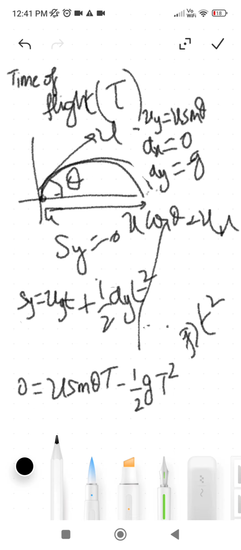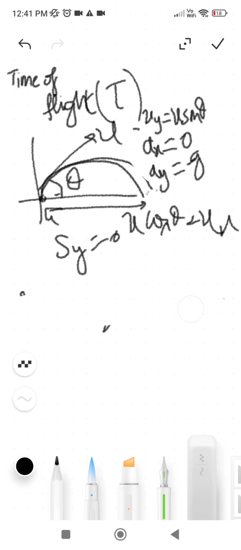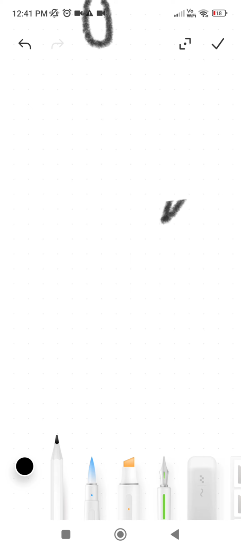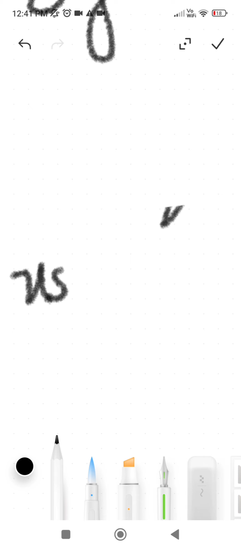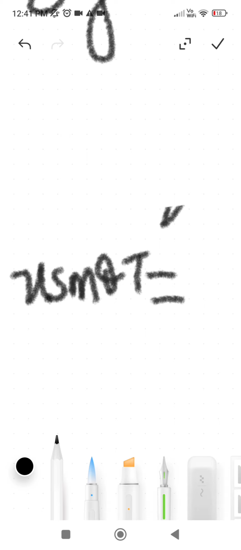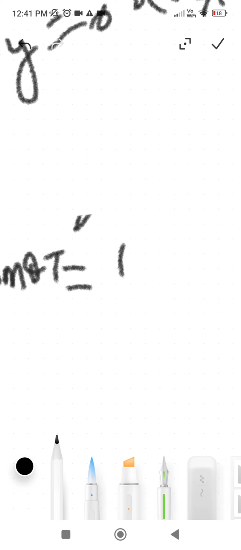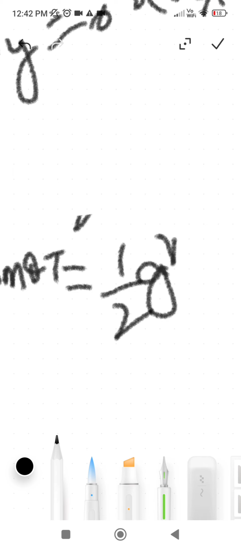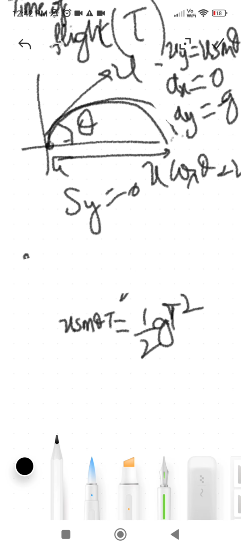So I'll be sending this over to this side, so u sin theta into capital T is equal to half g capital T square. The T gets cancelled.